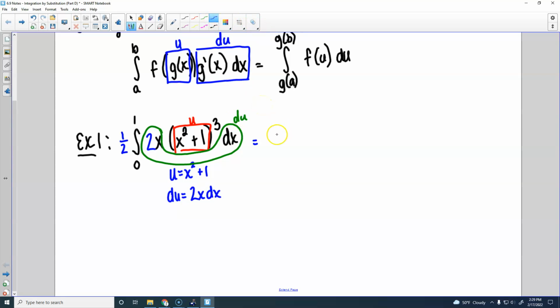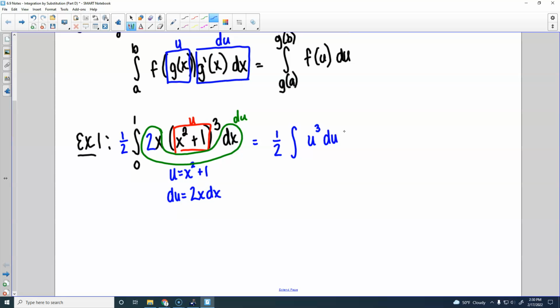So we will have 1/2 integral u to the third du. Now I didn't do anything with my limits of integration yet. We still have to do that. Are we okay with all of this? This is what we've been working on the last few days.